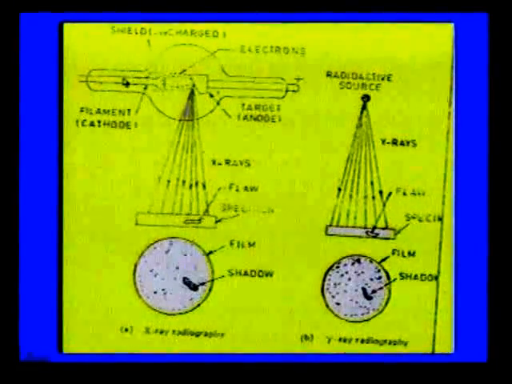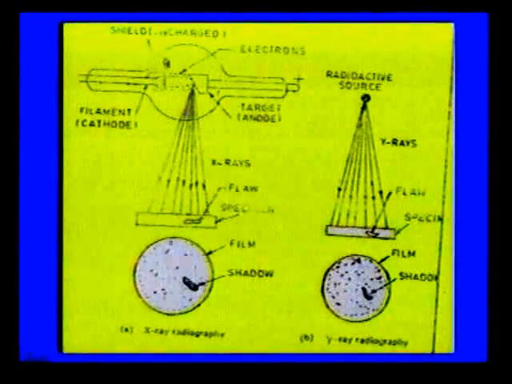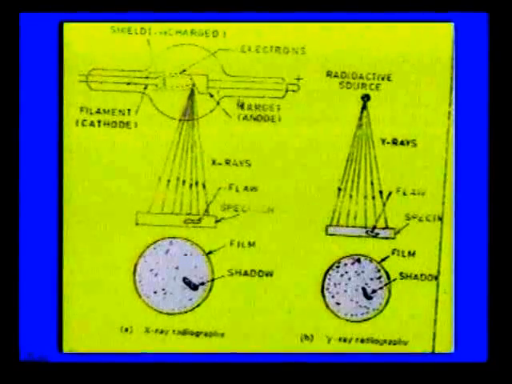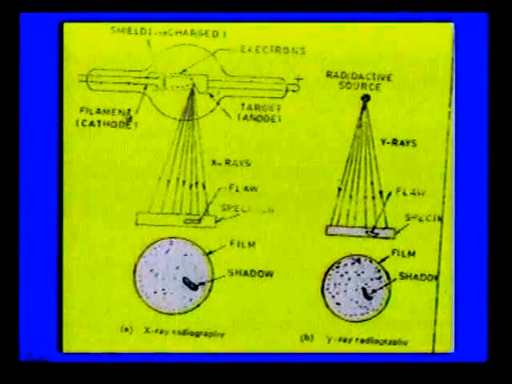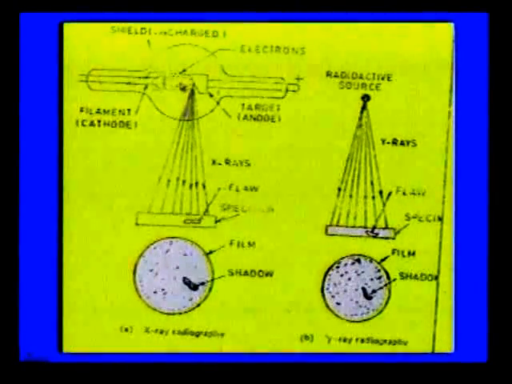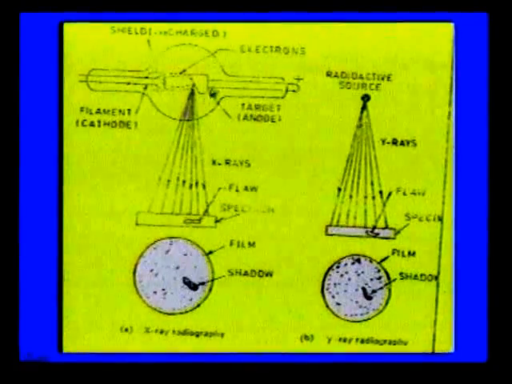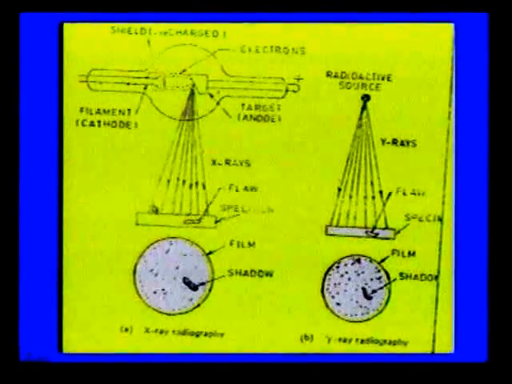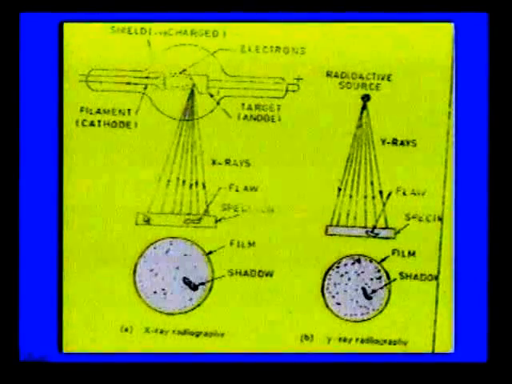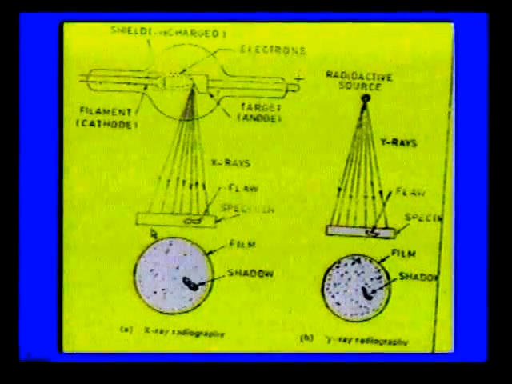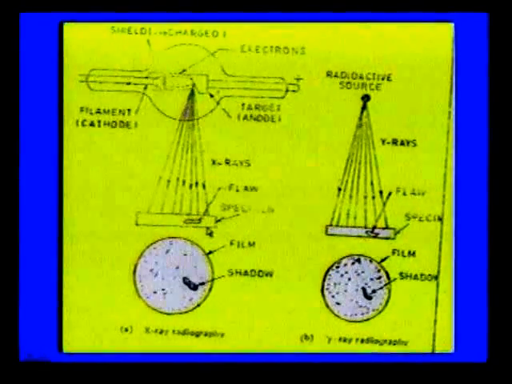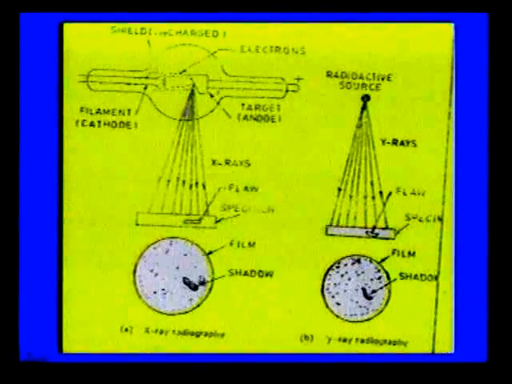This is the experimental shielded setup for the production of X-rays, where electrons are developed at the cathode and projected over the anode. They are deflected in the form of rays, which are projected over the specimen, and the corresponding image is developed.